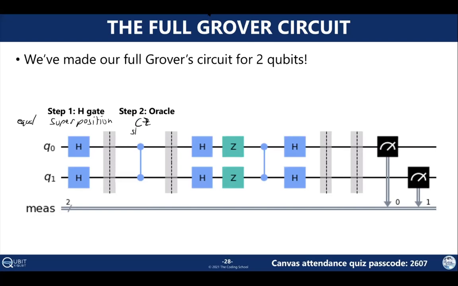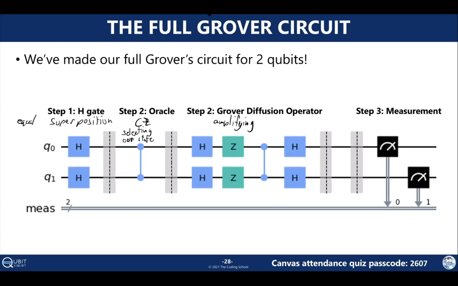This is like selecting or interfering, I guess, our state. Then we have our diffusion operator, which is amplifying our state. And then we have our measurement, which is just measuring it.